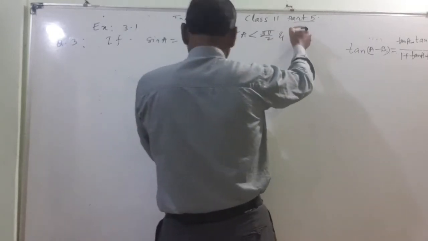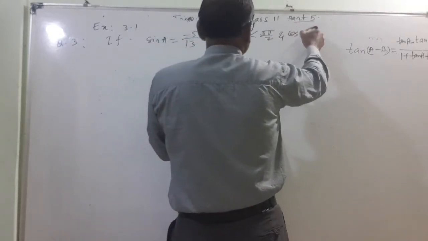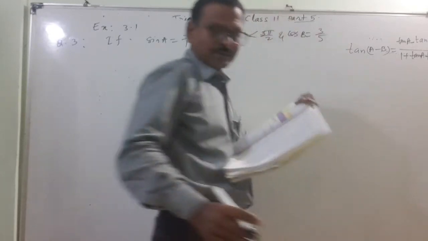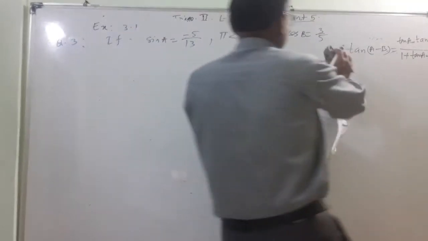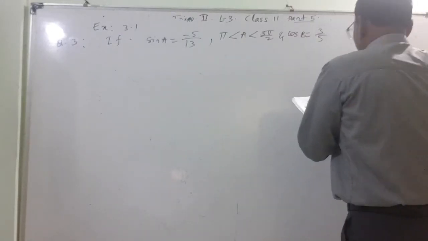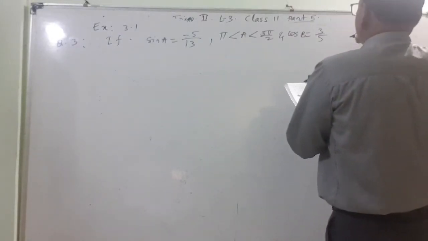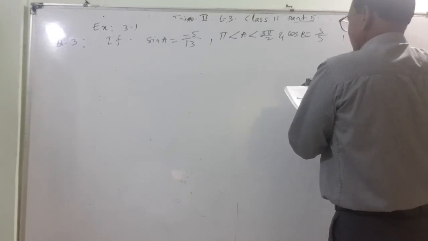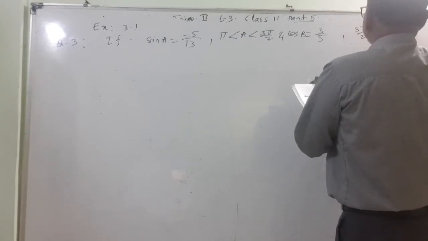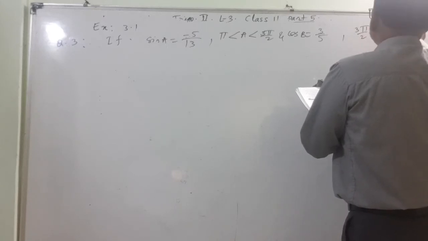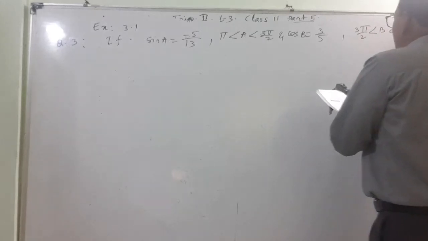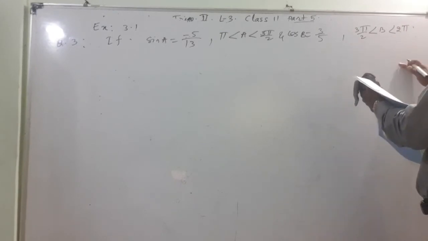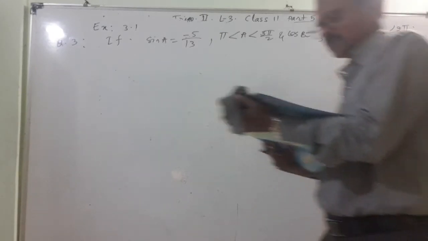And cos of B is equal to 3 upon 5. And what is the position of angle B? It is greater than 3 pi by 2, means greater than 270 degree, and less than 2 pi. 2 pi means 360. Less than 360 and greater than 270 means it is in the fourth quadrant.